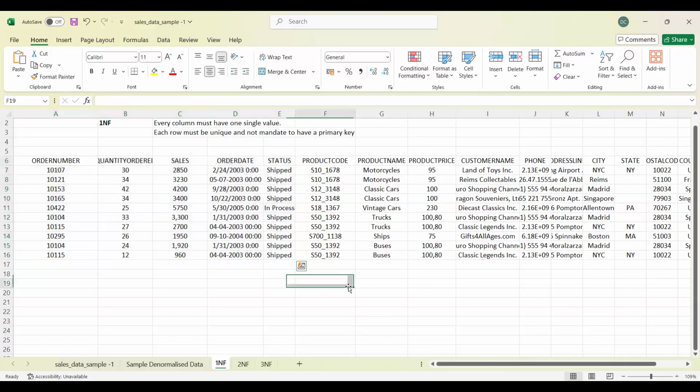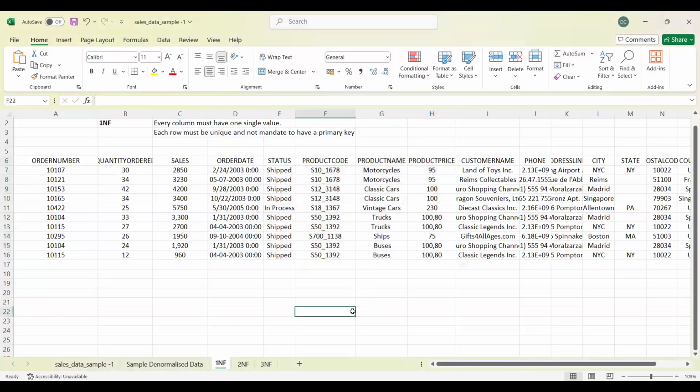These columns belong to the product table. If we divide this data to normalize it, as I said when discussing the limitations of Excel, this data belongs to the products table: product code, product name, product price, correct? Am I right?